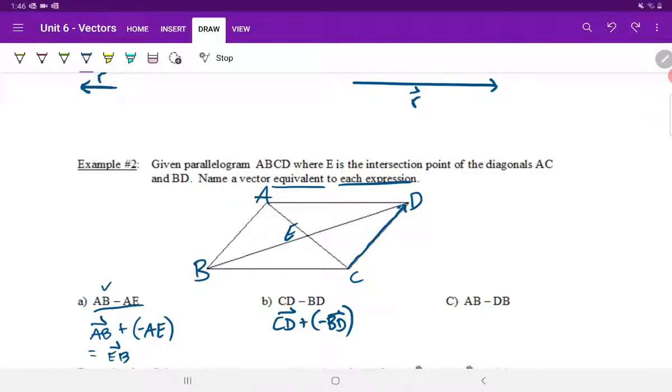So we're going to draw it in this direction here, which works out nicely because now they're already drawn head to tail. I've got CD plus negative BD. So I can now draw my resultant from the starting point to my end point. So my resultant is vector CB.